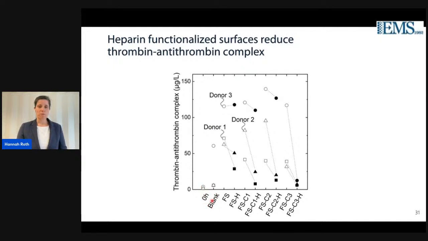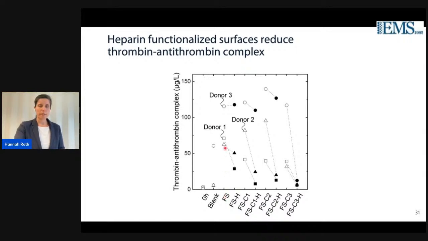But when you already bring it into the test tube where the further test was carried out, you can see that the donor blood is already starting to form some of these complexes.